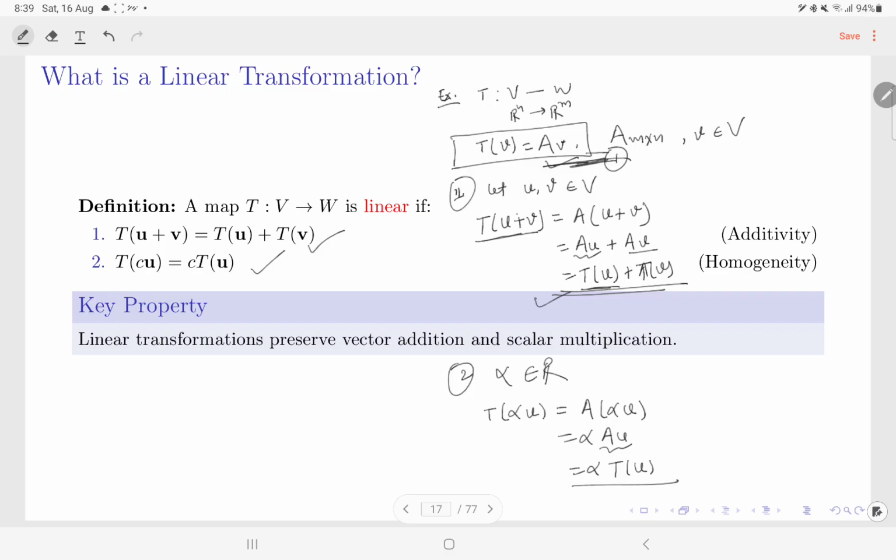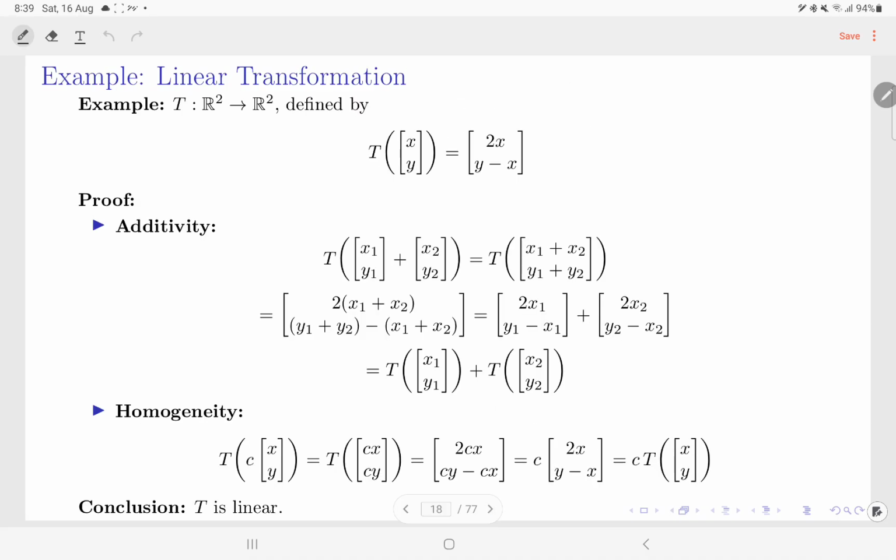Okay, let's see another example, a simple one, so that you can understand as well. Let's say this transformation is given from R2 to R. So let's say V is given from R2 and is given as x y. So this T of V is your x y, and this transformation is given as 2x, y minus x.